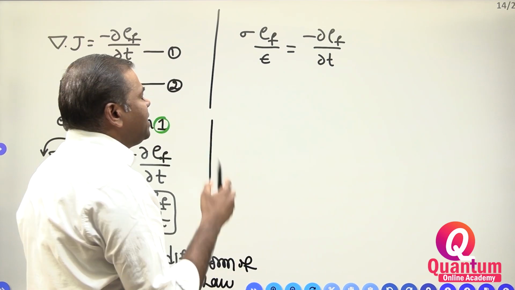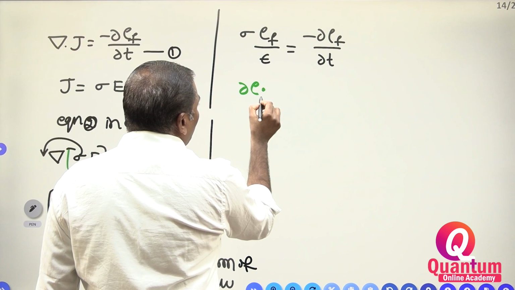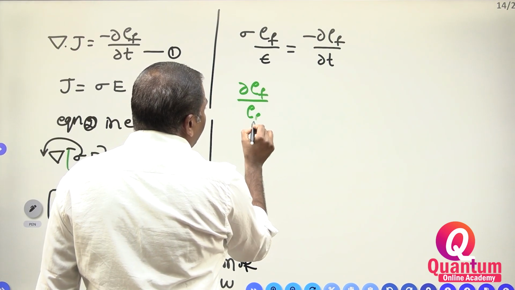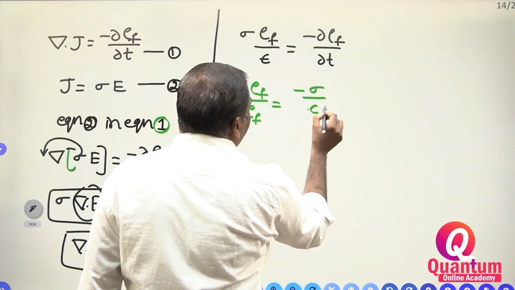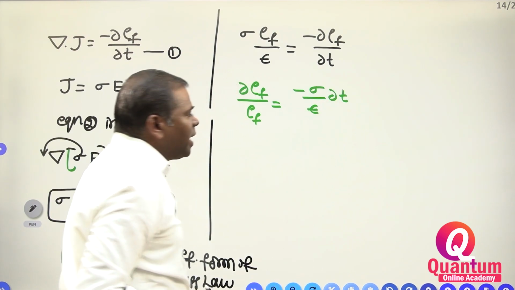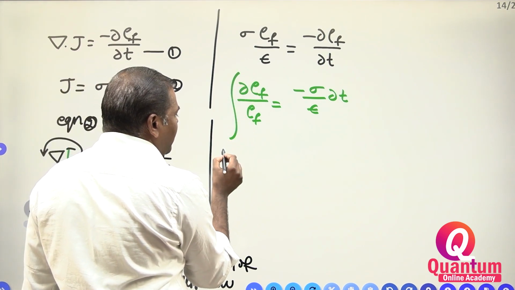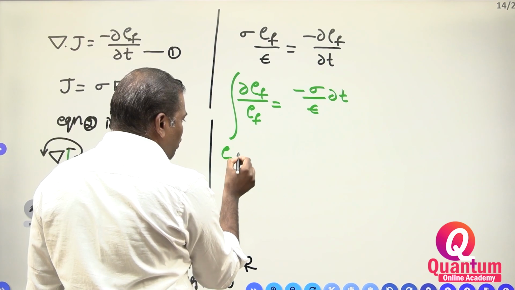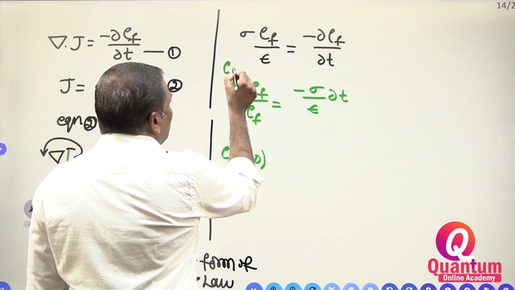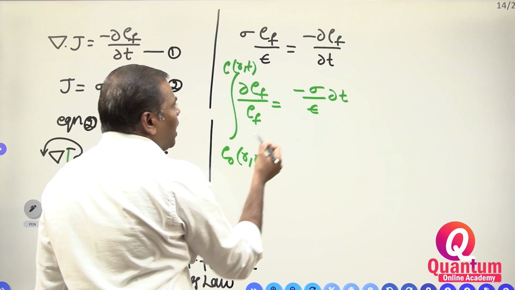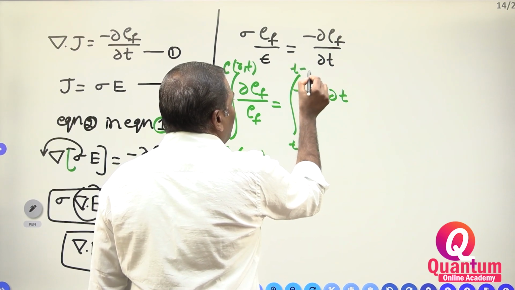Now I am rearranging the expression. dou rho f by rho f is equal to minus sigma by epsilon into dou t. Can I write like that? You have to integrate on both sides, from rho naught, which is rho of r comma 0, to rho of r comma t, with time from t is equal to 0 to t is equal to t.